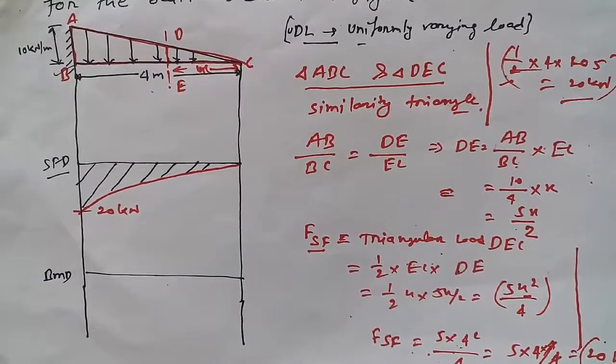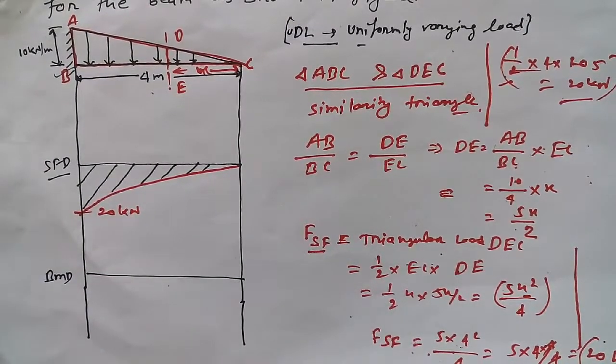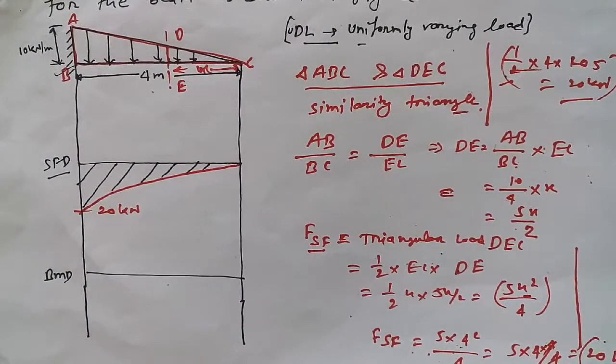Okay, now one thing is clear, we have drawn the shear force diagram. Now how can we find out or draw the bending moment diagram? That is also most important.